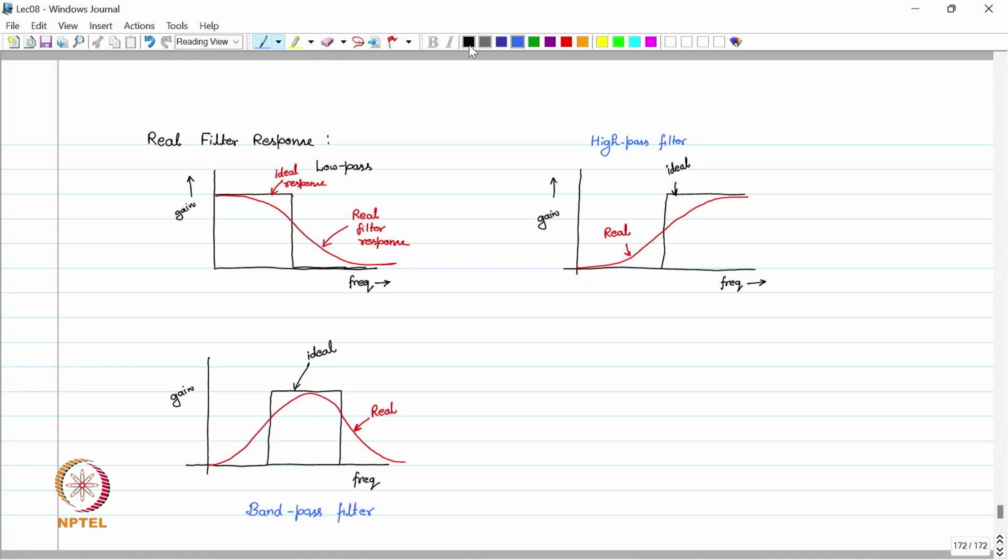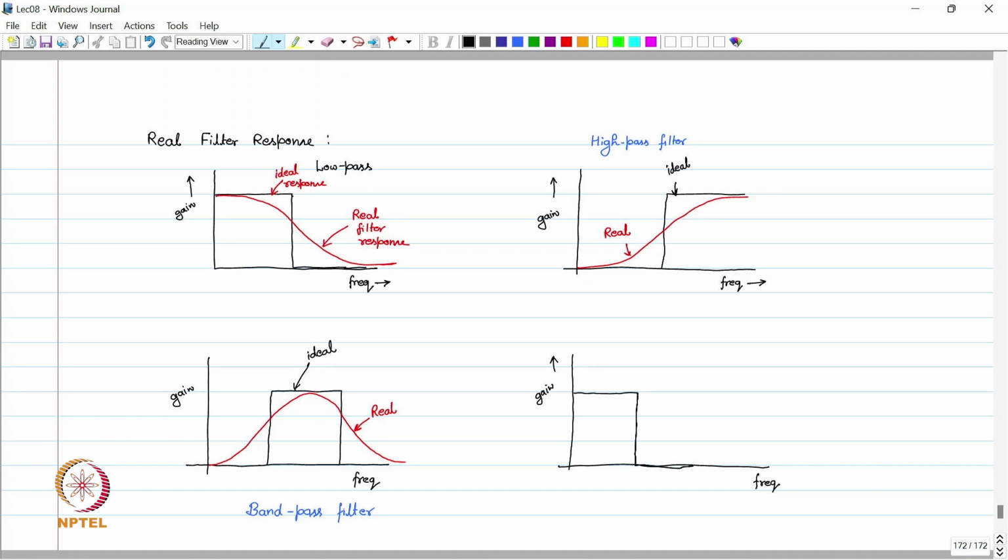And the fourth one is the band reject filter. This is the opposite of the band pass filter. In a band reject filter, only certain frequencies will be rejected. Everything else below or above that band will pass through. So in a band reject filter, we have a desired response like this.